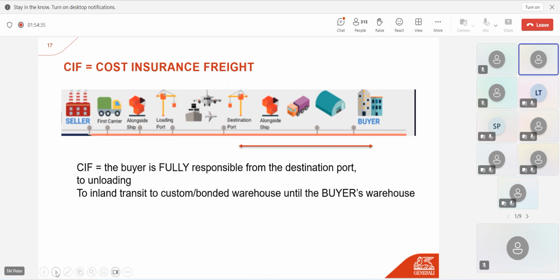So always remember, if it's CIF, it's much more expensive and the responsibility of the seller is greater. Once they issue their policy down there, you as a buyer have less worry, but when you have less worry, you pay more premium. Always remember that. Apart from FOB, this is very common. Okay, next.